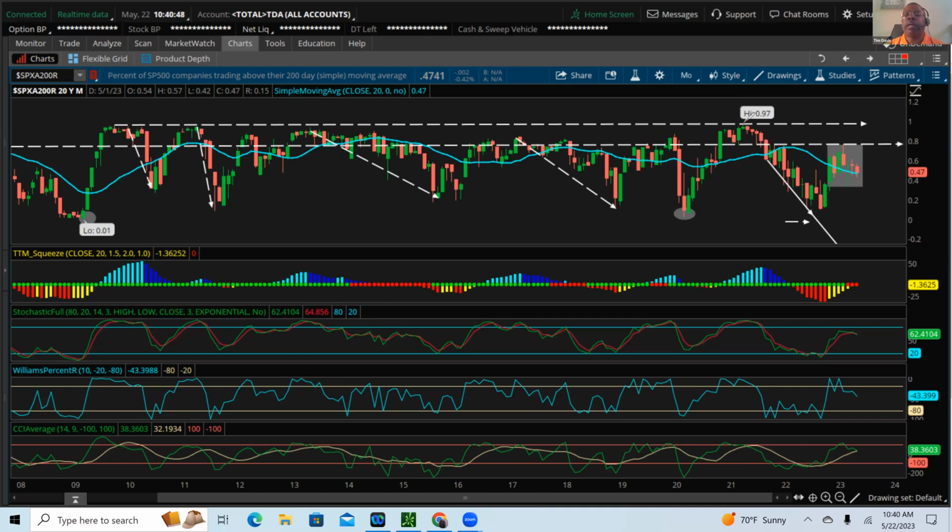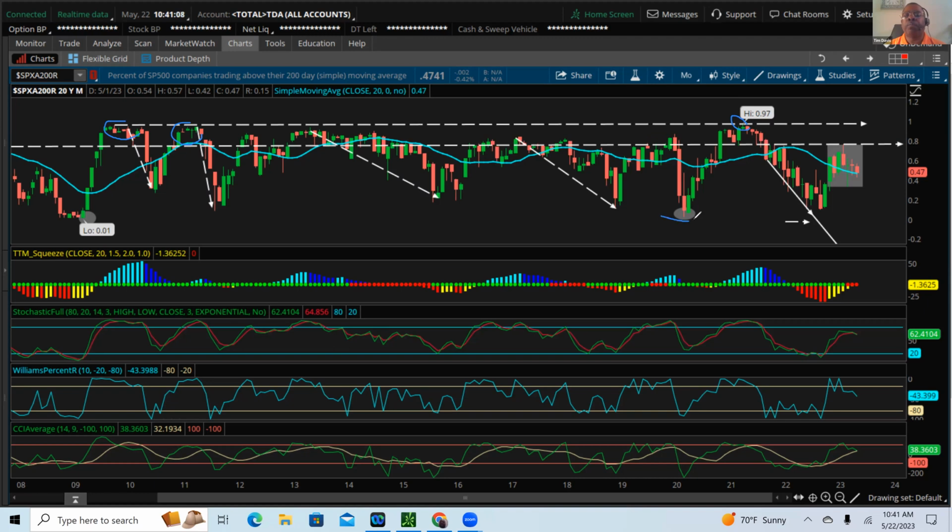Again, the ultimate top in this particular tool is around 95 to 97. Normally when we get to that level, we start to see a major change. The higher we go, the more impactful the reversal will be. And the same thing on the downside.